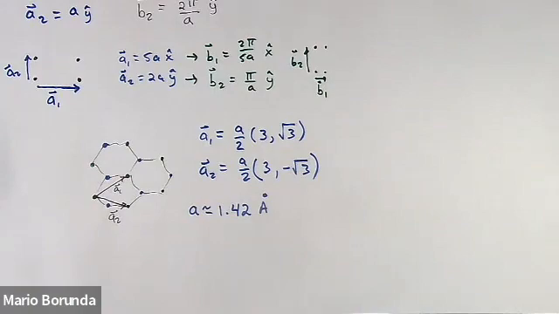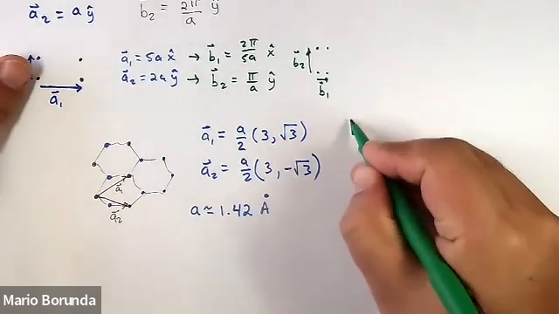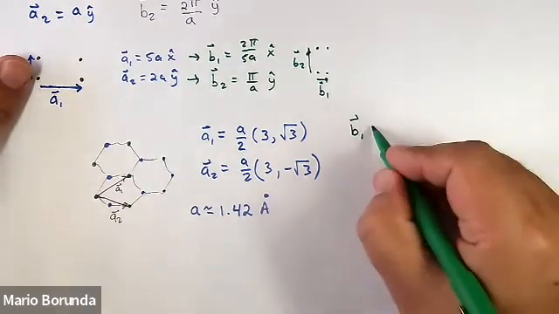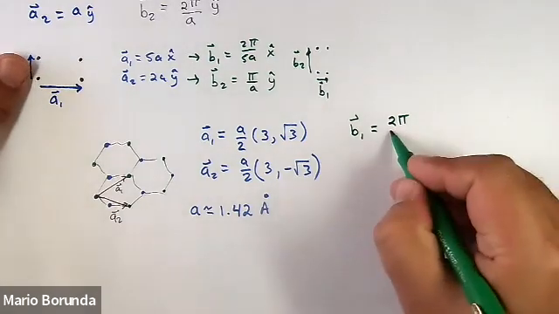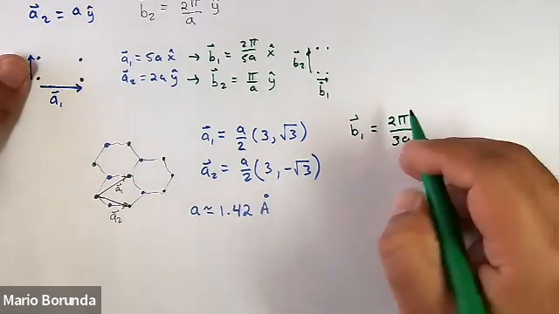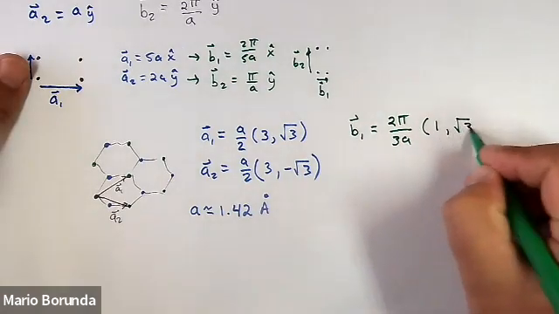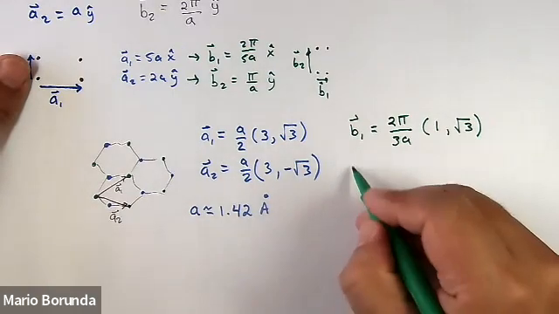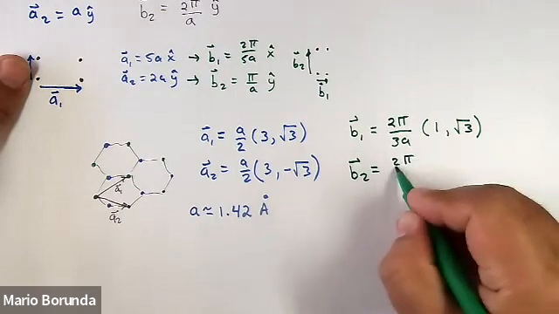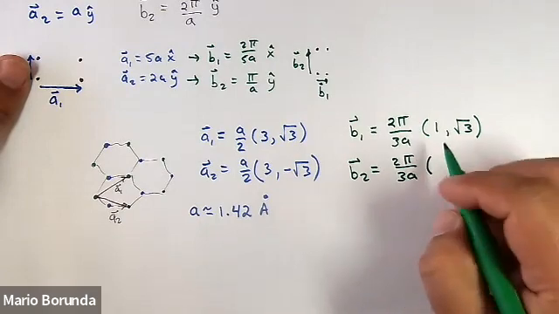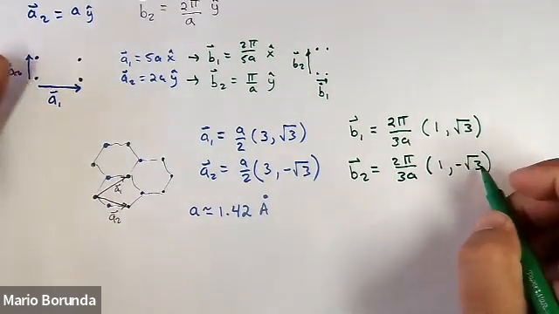And the two vectors that do this, I already did it beforehand, B1 is 2 pi over 3a times (1, square root of 3). And I have B2 right here, and it's also going to be 2 pi over 3a times (1, negative square root of 3).